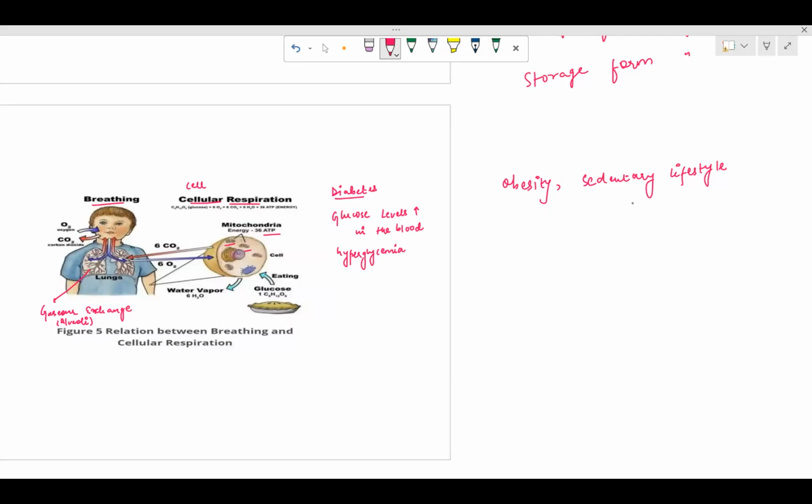But what if bad cholesterol gets accumulated in excessive amount in the body? It will cause hindrance for this process. Your glucose won't be able to get into the cell, and this will ultimately lead to hyperglycemia.